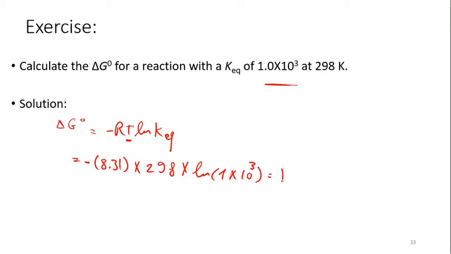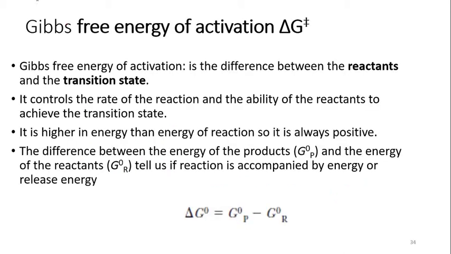This will give me minus 17,900 joules per mole, which I can convert into kilojoules per mole if I divide it by 1000, so it is minus 17.1.